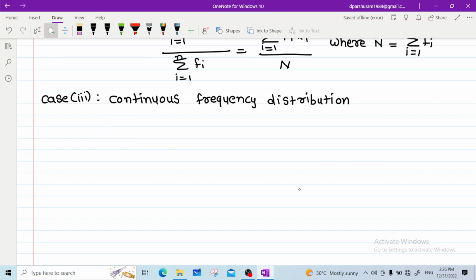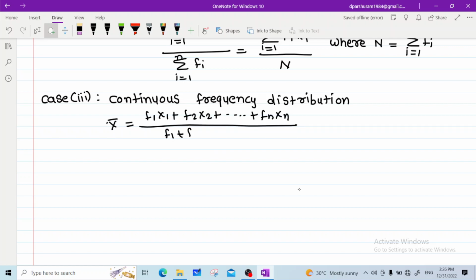The formula is same as arithmetic mean for discrete frequency distribution, that is x bar is equal to f1 x1 plus f2 x2 plus up to fn xn divided by f1 plus f2 up to fn, that is equal to summation fi xi, i going from 1 to n, divided by summation fi, i going from 1 to n.